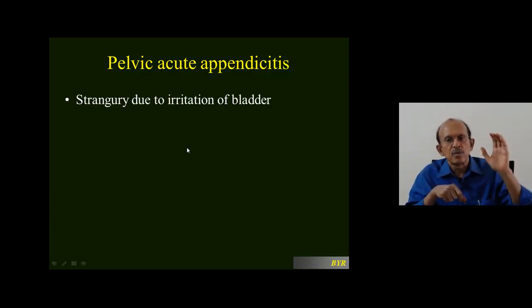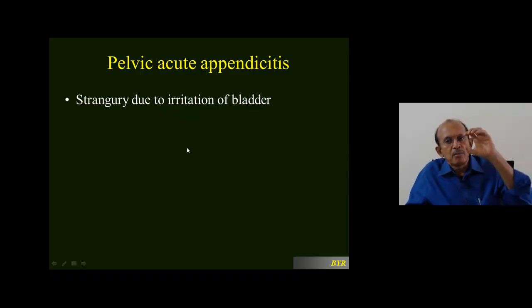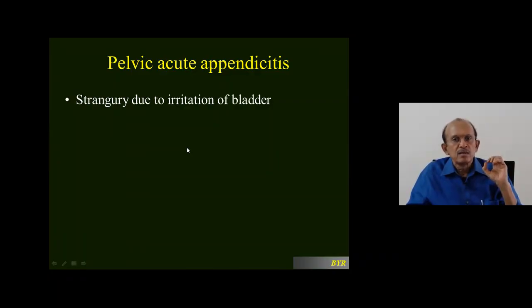For example, unless a person gets 300 to 400 ml of urine in the bladder, that person doesn't get the sensation of urination. But when the bladder muscle is inflamed, even for 40 or 50 ml of urine, the patient gets the sensation of micturition. So the muscles become hyperreflexic.